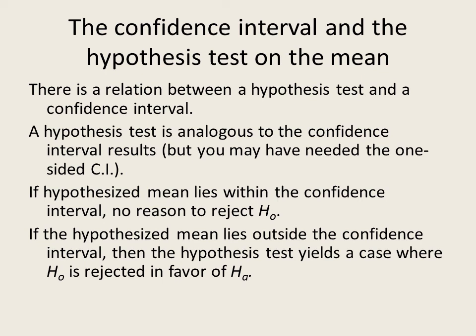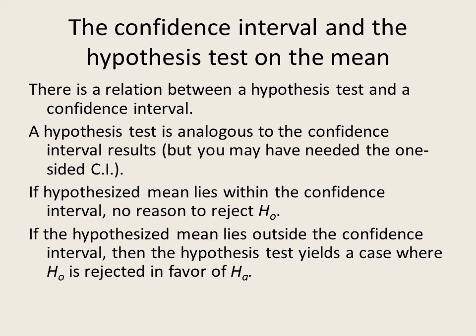If you're going to end up accepting the null hypothesis, your hypothesized mean will lie somewhere inside your confidence interval. And if you're going to end up rejecting the null hypothesis, then your hypothesized mean will lie outside the confidence interval. So in fact, if you calculate a confidence interval, you'll be able to immediately know how to interpret the result of a hypothesis test, because these two actually will tell you the same thing.